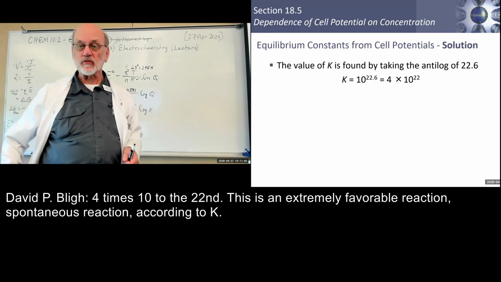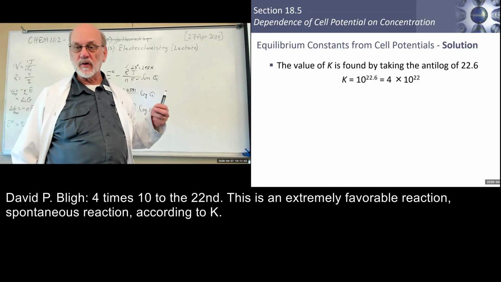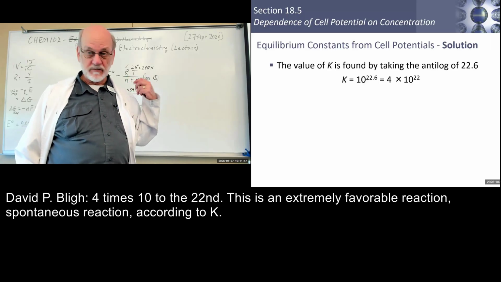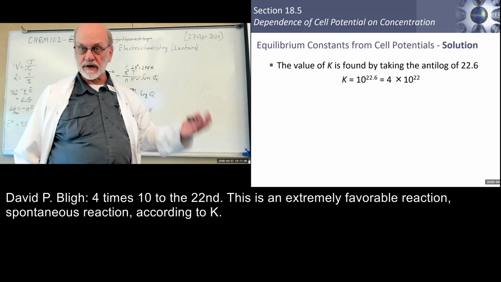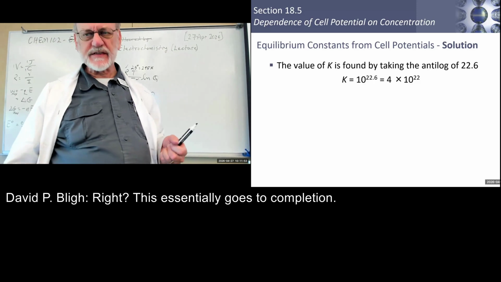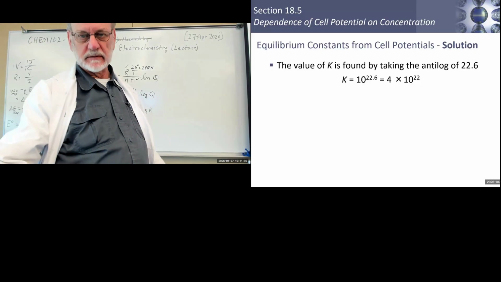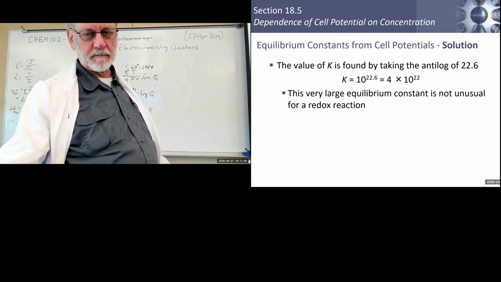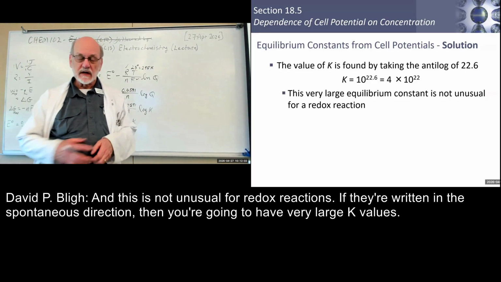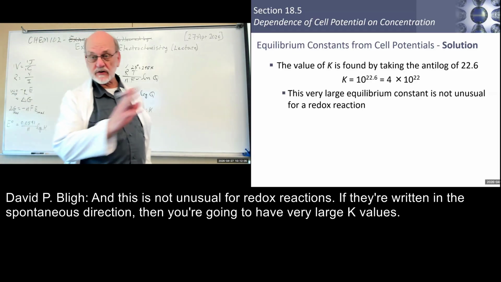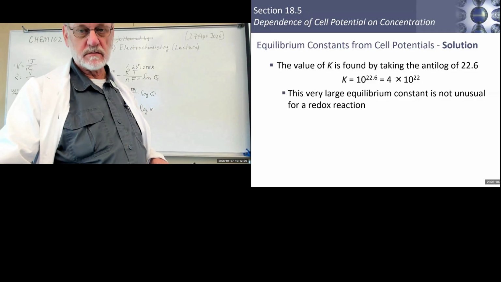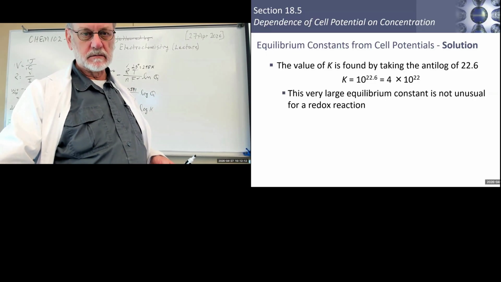This is an extremely favorable, spontaneous reaction, according to K. Right? This essentially goes to completion. And this is not unusual for redox reactions. If they're written in the spontaneous direction, then you're going to have very large K values. That's typical.